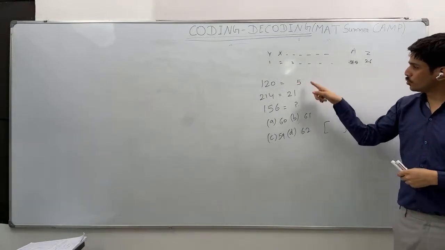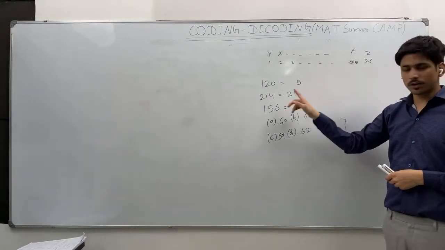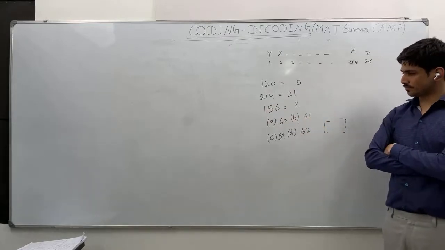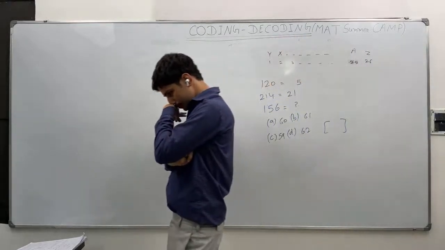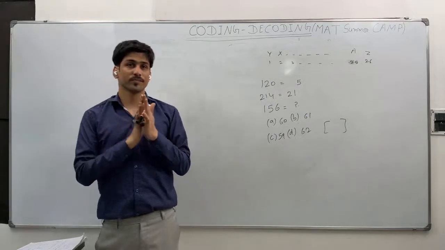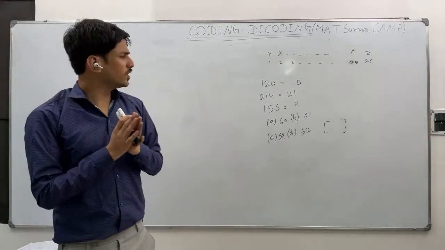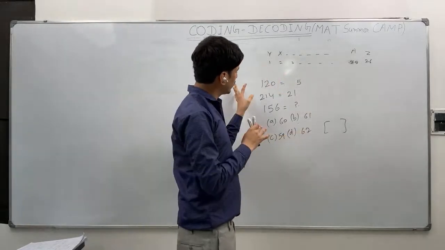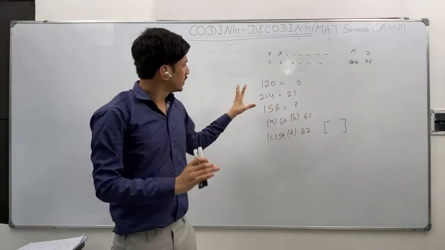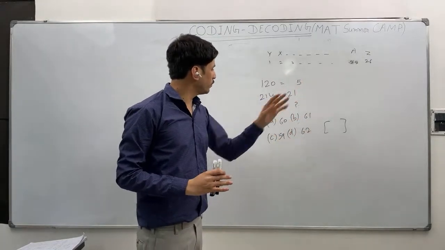Two options are given, right? Two are already solved. This pattern we have to identify. Starting, this idea may not get into your mind, you can take some time, but let's say this one is given, then what will 156 equal to?